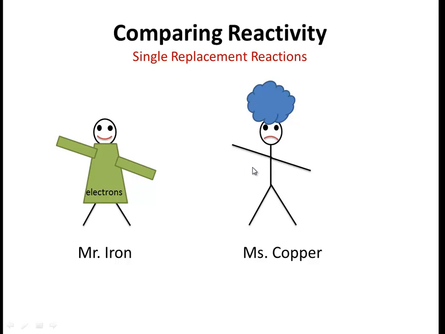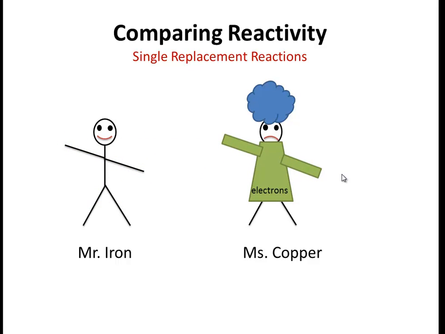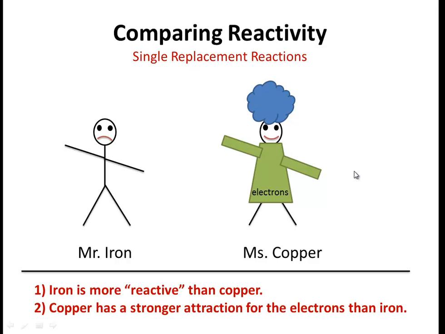There's a tug of war that ensues between the two, and maybe Miss Copper's going to win. She grabs that coat from Mr. Iron, and then he's not so happy anymore. Now she's happy. If this is what happened, in chemistry we would say that iron is more reactive than copper.